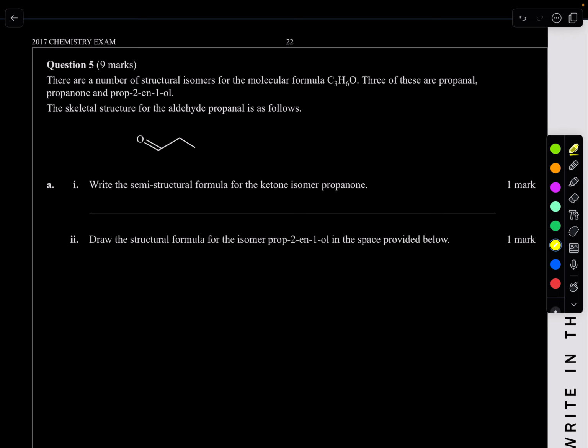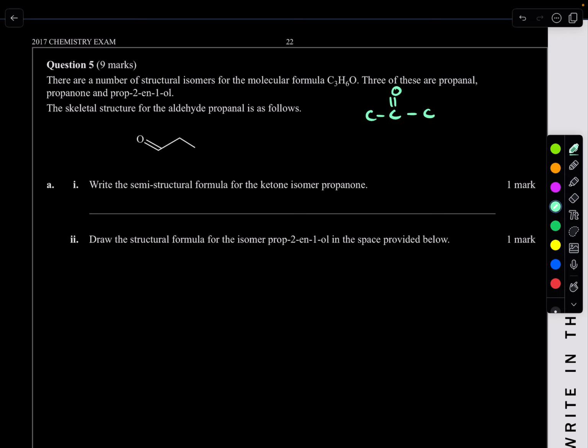Whenever you're drawing a ketone, we know that the oxygen must be in the middle. So we have 3 carbons: 1, 2, 3. Of course the oxygen must be in the middle, it cannot be on the side, because then it will be an aldehyde.